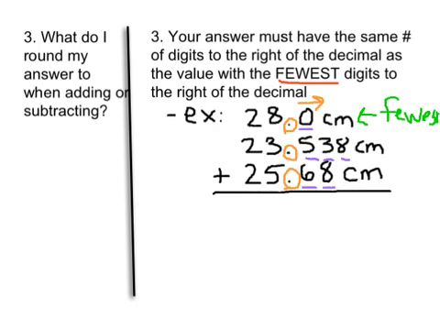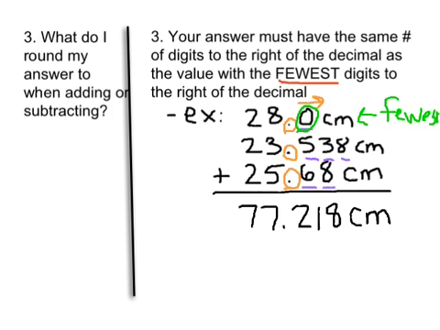All right, so when we do this math computation, we have to round to 1 digit after the decimal point. Okay, so if we do this, we're going to end up with 77.218 centimeters.